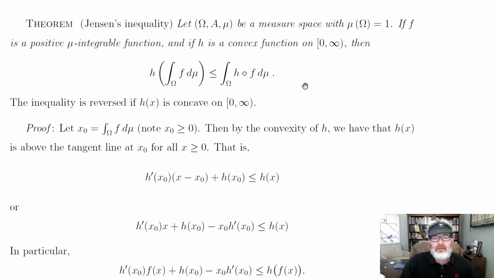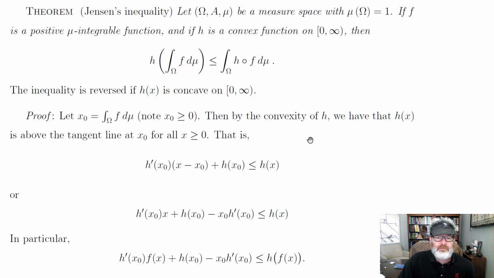So you'll see like E of x and E of x squared. Well, actually, you'll see E of x squared is greater than E of x quantity squared, and so on. The inequality is reversed if h is concave down.